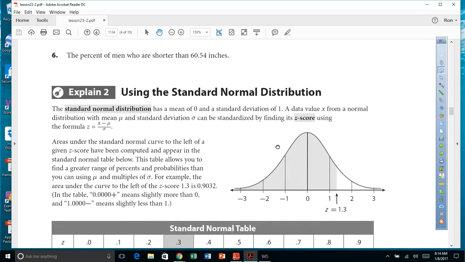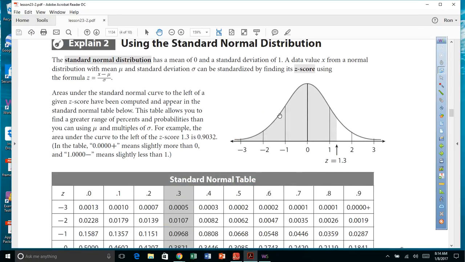Good. Using the standard normal distribution. The standard normal distribution has a mean of 0 and a standard deviation of 1.